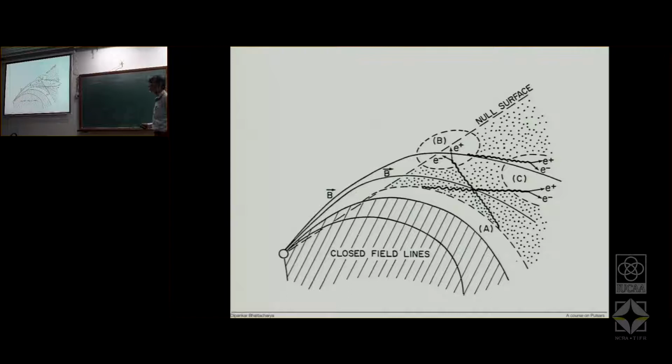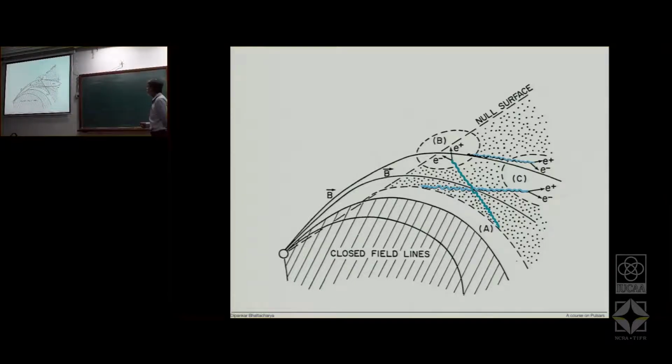Now, given a certain electric field, you will have acceleration of electrons and positrons in 2 different directions. So basically, you can have radiation which is produced either outgoing along the magnetic field or incoming along the magnetic field. So you take a tangent to the magnetic field and radiation is produced along that, and it will be either outgoing or incoming.